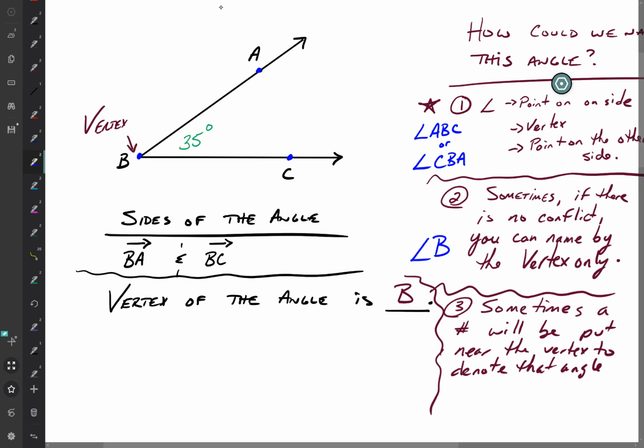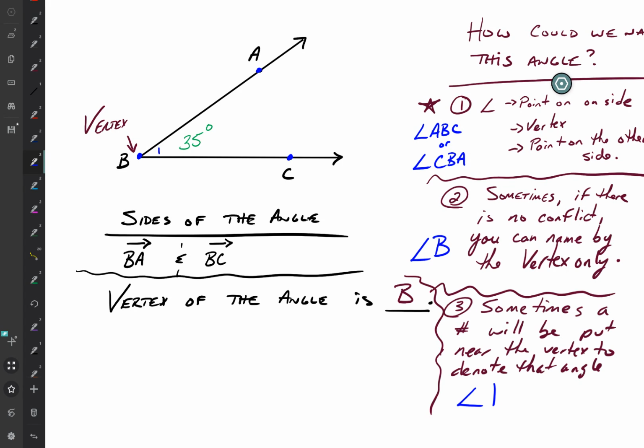In a different color pen, if you saw a 1 right here, you guys see how I wrote a 1 right there? You might see that called angle 1. You guys see the 1 I wrote in there? I wrote it pretty small.